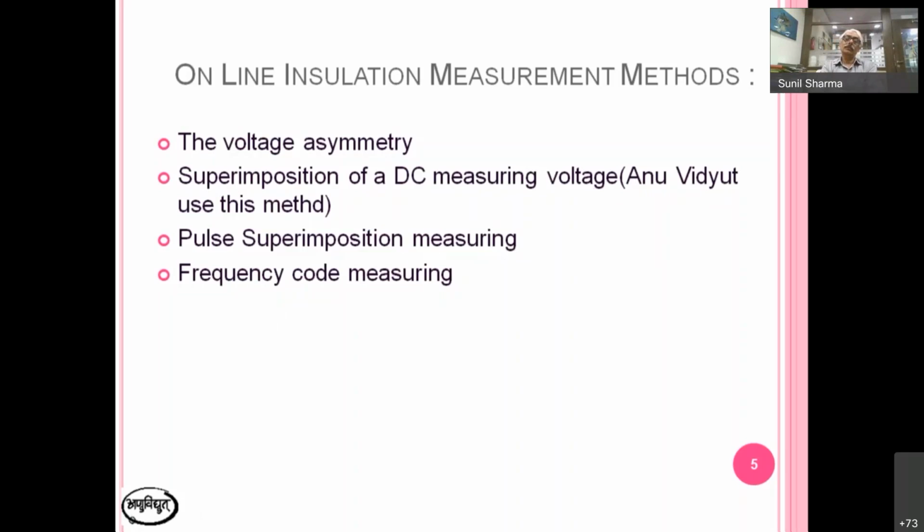And frequency coded measuring is a very costly measurement method, but very accurate, mainly used in navy ships, because cost does not matter there. This is a brief overview only for your knowledge.